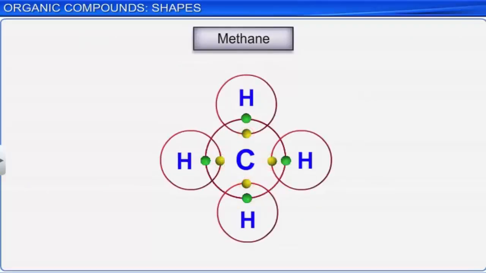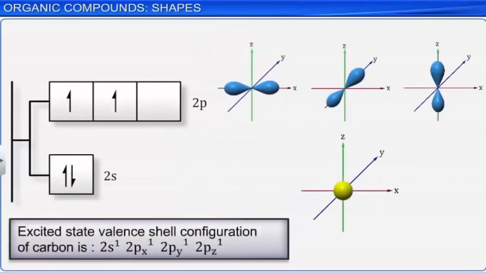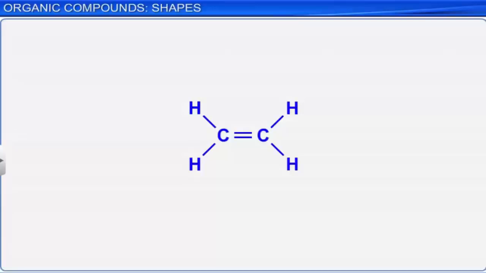The formation of molecules and their shapes can be explained by considering the hybridization of s and p orbitals respectively. Now, let's look at how hybridization explains the shape of ethene molecule, that is, C2H4.